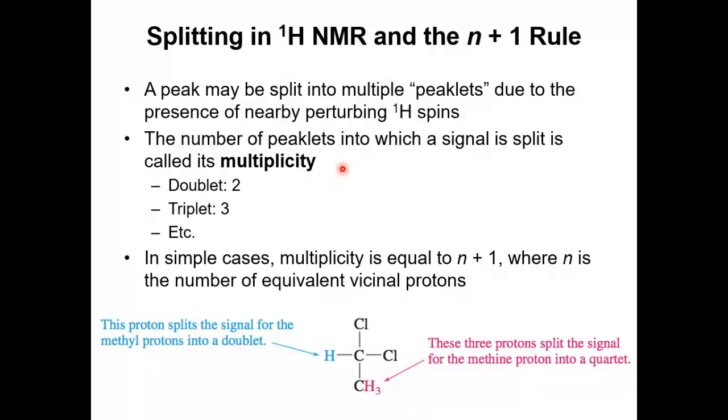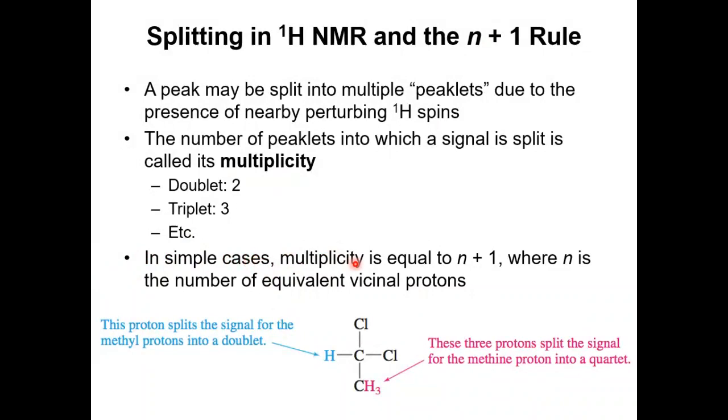If a signal only has a single line, we call it a singlet. The multiplicity is 1. If a signal has 2 lines, we call it a doublet. The multiplicity is 2. A signal with 3 lines is a triplet, and 4 lines we call a quartet. In the simplest cases, that's the concept we will be using most frequently.